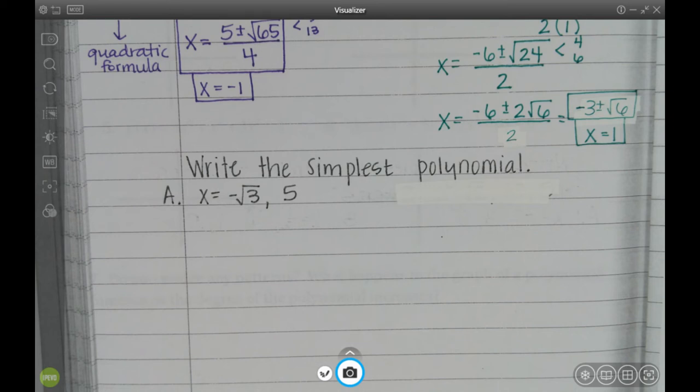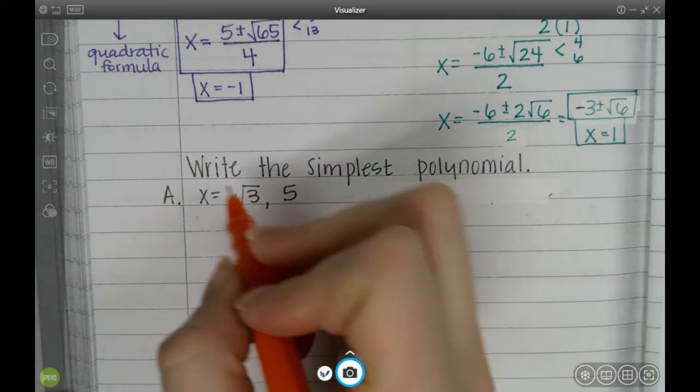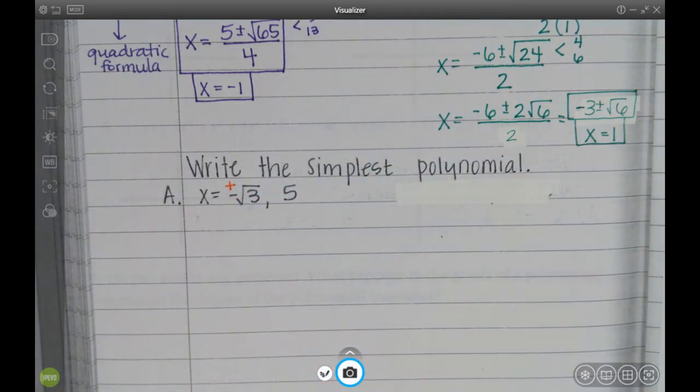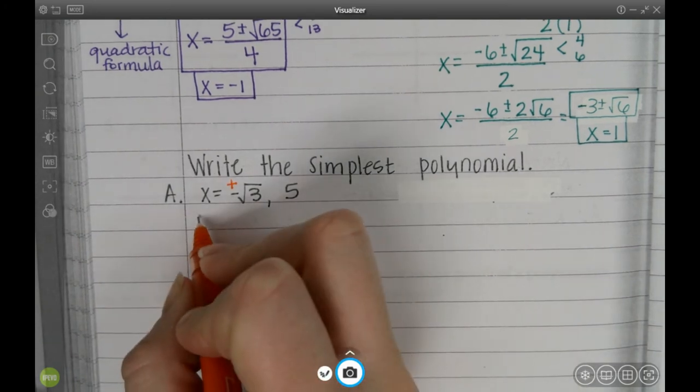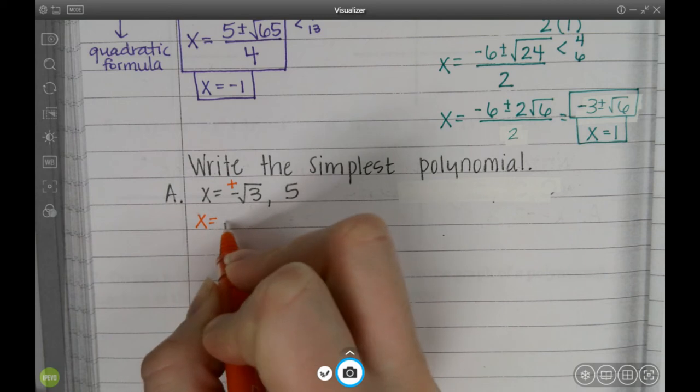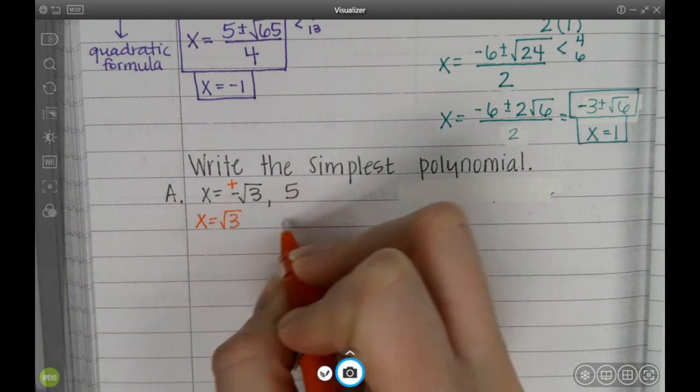Okay, so just like last time, if they give you a negative square root, just like with the i's, you are also going to include the positive square root. It has 3 terms, so you're going to end up with an x cubed.